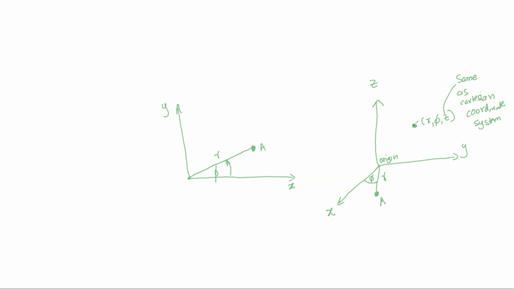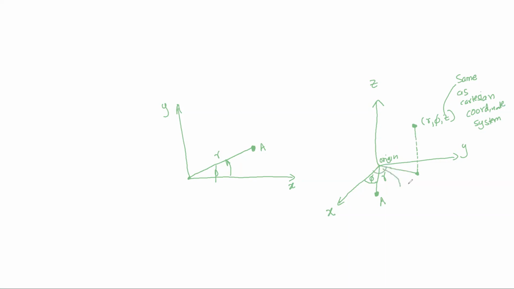So if you are considering this point, we can take the projection in the xy plane, and we can draw the line to that point, and then we can draw the angle to that point with respect to the x axis.